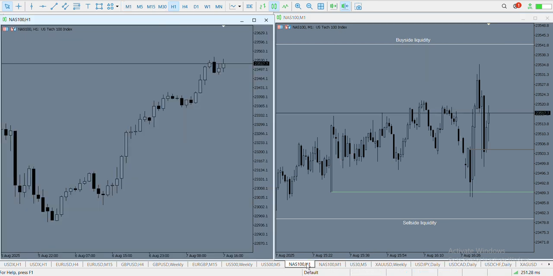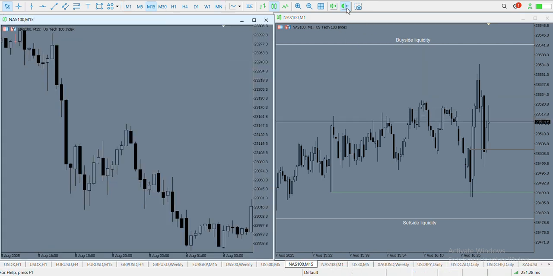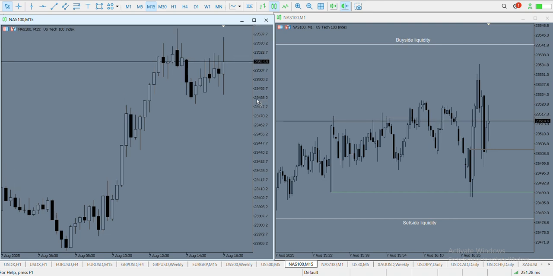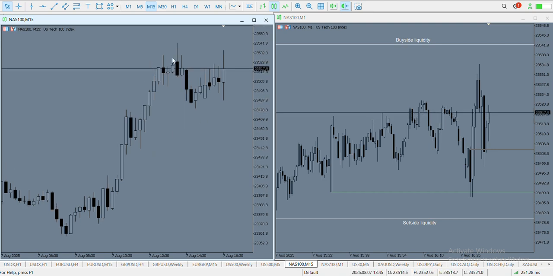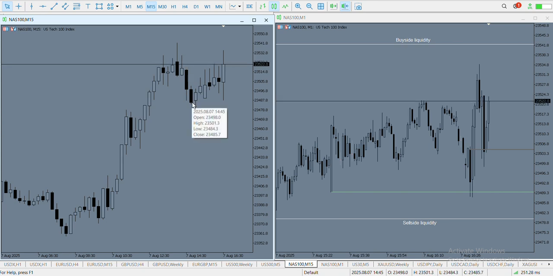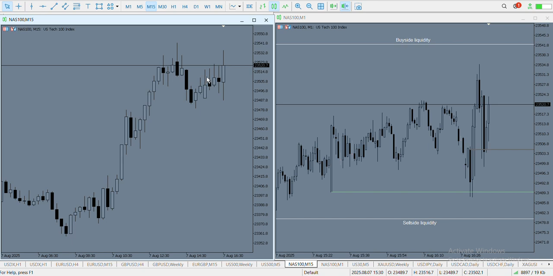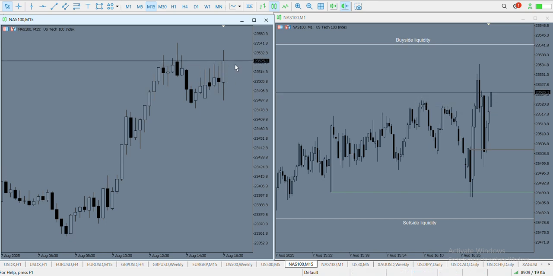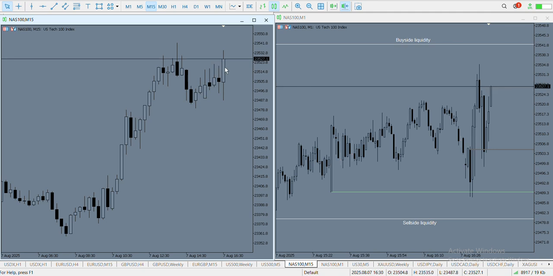So let's look at a 15-minute chart for Nasdaq, and we'll see where we are. So you can see the 15-minute chart for Nasdaq. We made a swing high here, went lower. We've been really struggling to move higher. You can see the weeks. These are a lot of weeks, too much, right? We've been really struggling on this high.